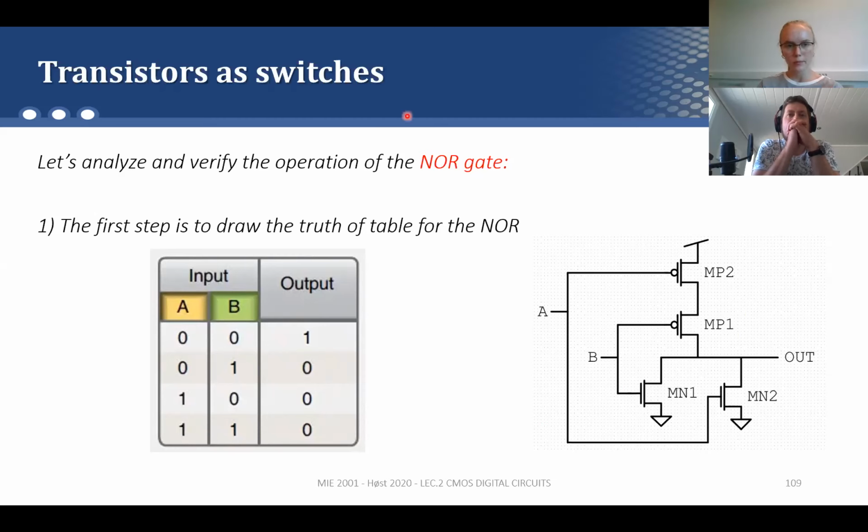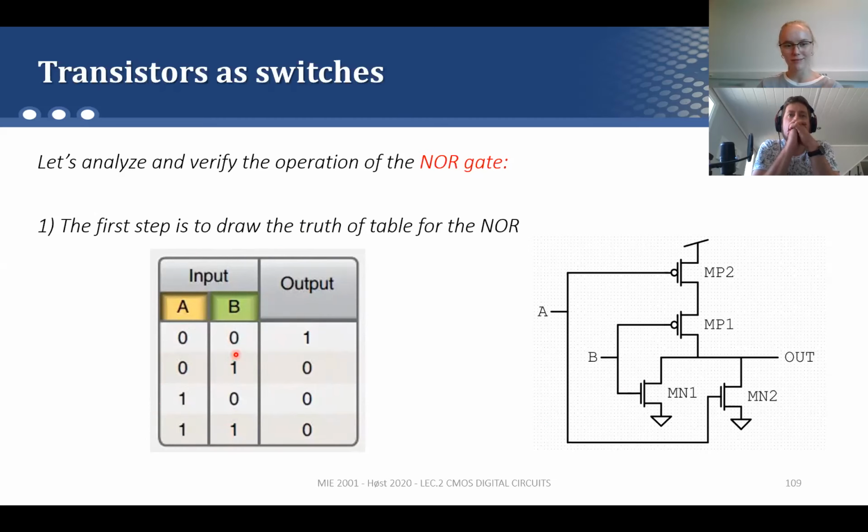And easy. So the first step to understand how a digital circuit more complicated than the NOT logic gate works is to start with the truth table, which is the one on the left. Here you have 3 columns because we have 2 inputs and 1 output. A and B are the inputs and the output is the output.